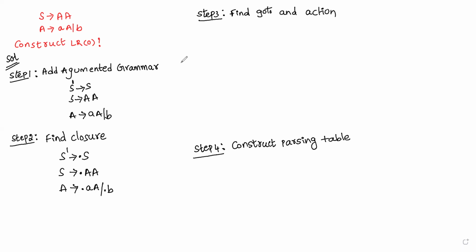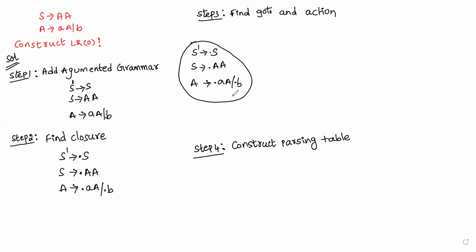Now we go for step 3. In order to find the goto and action moves, look at the closure value. The closure value is S' → .S, S → .AA, then A → .aA | .b.